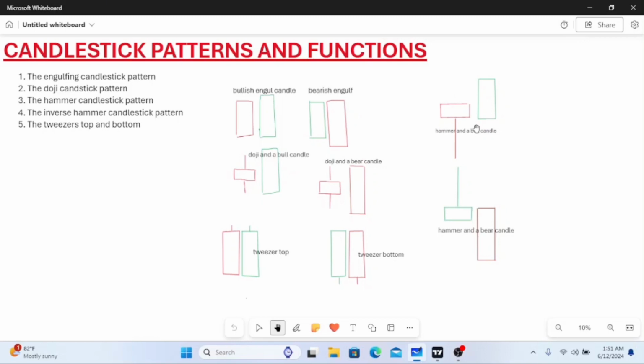When you see a hammer candlestick pattern, the next candlestick to appear to give you full assurance that the bulls are in the market should be a bull candle. Like here, this is a diagrammatic illustration of a hammer and a bull candle confirmation. So I will show us in the diagram how it actually looks like in reality.